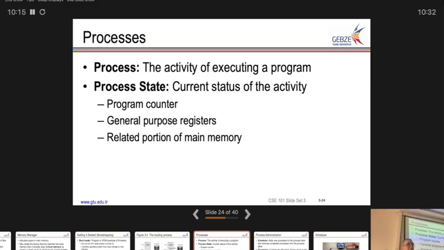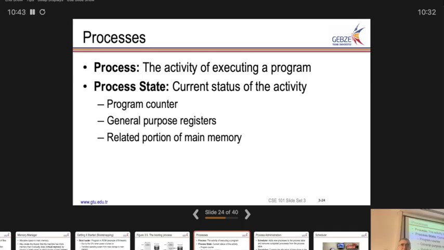A program is a program on your notebook, I mean paper notebook. On an exam paper, it's a computer program. But when it is running, it is a process. So if it is running or it's about to run, it is a process.